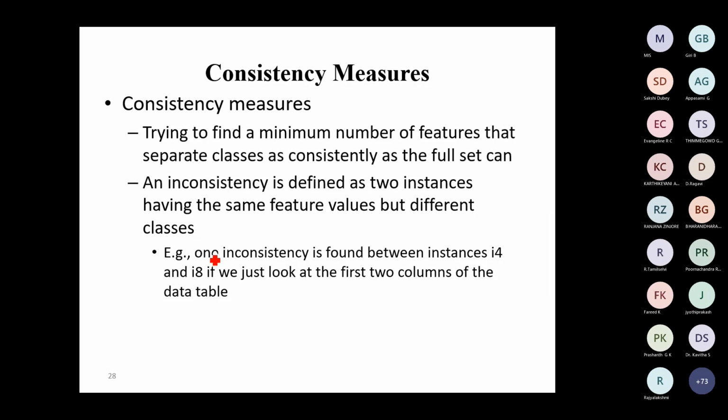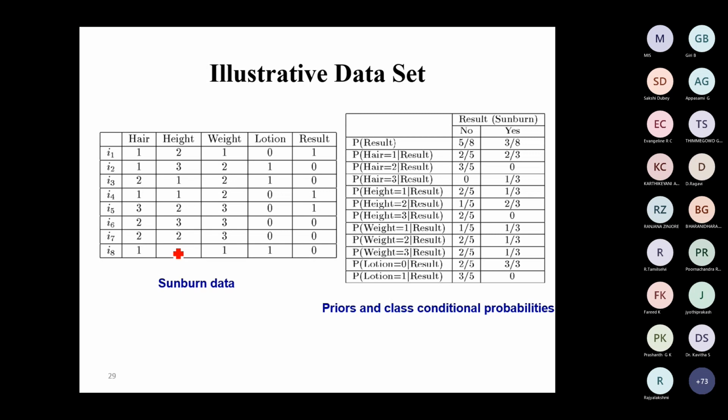If there are two instances, any inconsistency between the two instances is what it will check. I'll explain with an example. This is a sunburn data. The people have different hair color, height, weight, whether they applied sunscreen lotion, and whether there is a sunburn or not. Sunburn 1 means there is a sunburn, 0 means there is no sunburn.